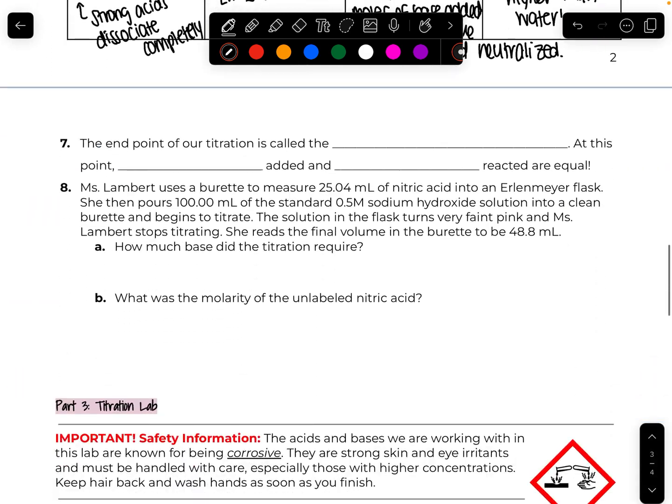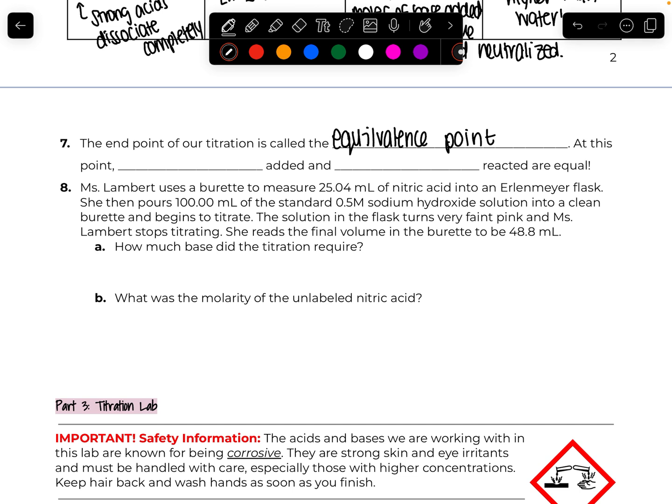Okay, so the end point of your titration, that point at which you've reached your neutral system of water, is called the equivalence point. So if you look at the word equivalence, what word do you see?